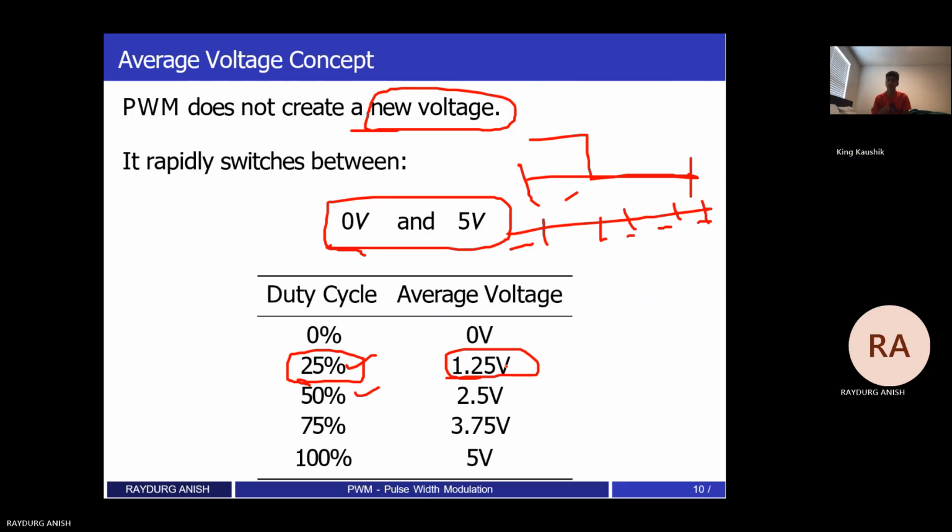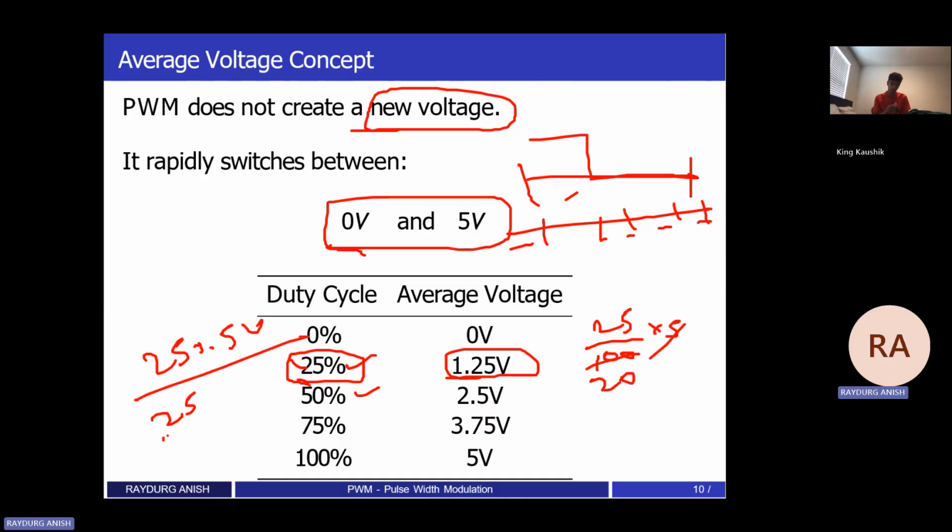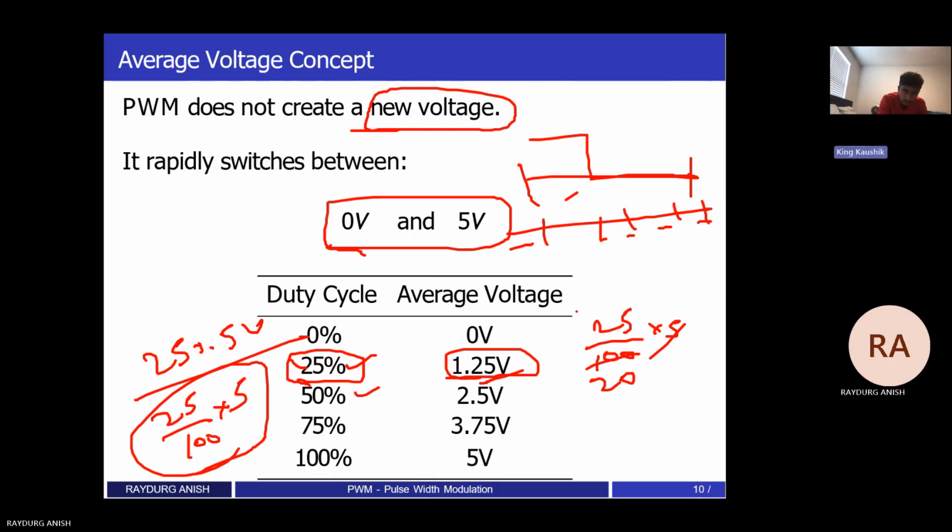Get it? Like 5 volts. You can directly take the percentage as well, like 25% of 5 volts, which is nothing but 25 divided by 100 times 5, which is 1.25.